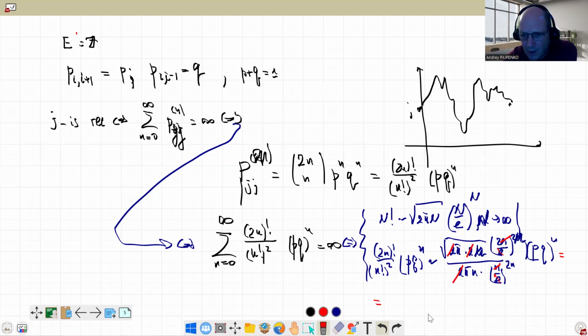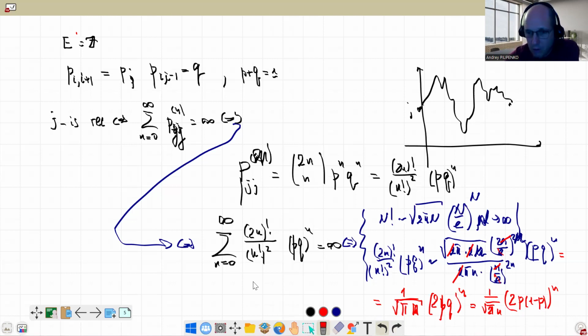So 1 over square root of pi n times 2pq to the power n, or 1 over square root of pi n, 2p times 1 minus p to the power n.